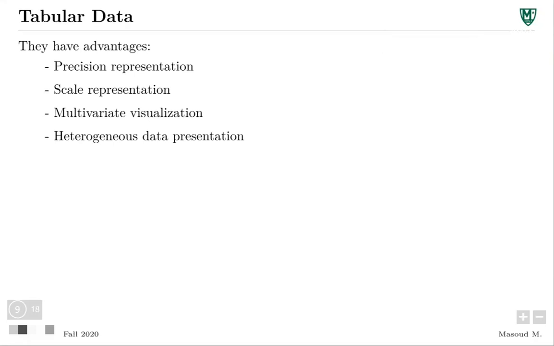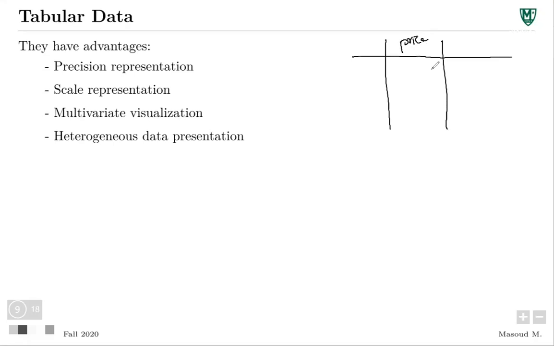The second thing is scale representation. What does that mean? It means when you are writing the values in a table, visually it's easier. For instance, let's say price of something, or in an engineering term, let's say stress on a specific part on your system.